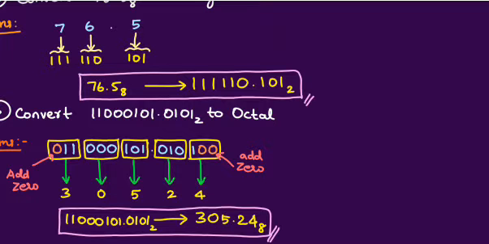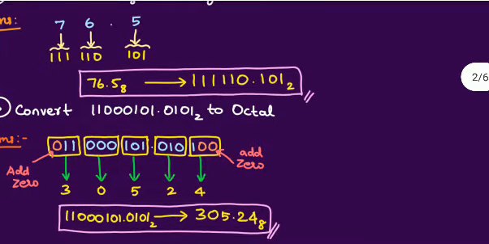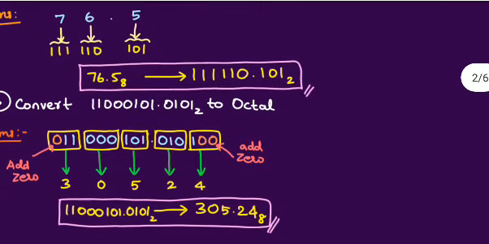Now convert all the groups into the equivalent octal number. 011 means 3, 000 means 0, 101 means 5, 010 means 2, 100 means 4. So 305.24 is the octal equivalent of the given binary value.